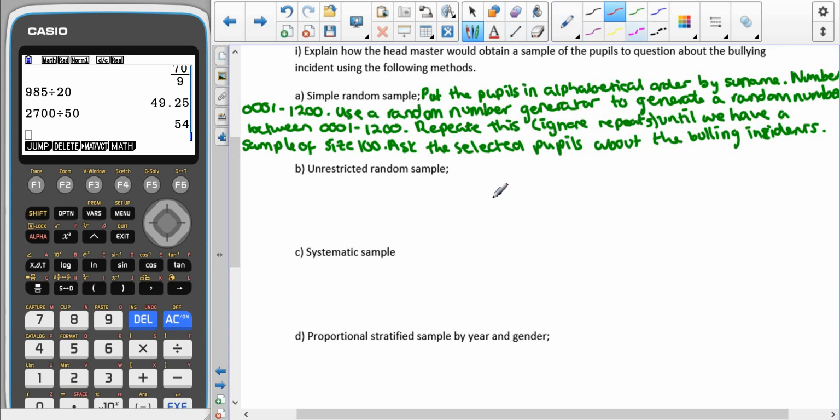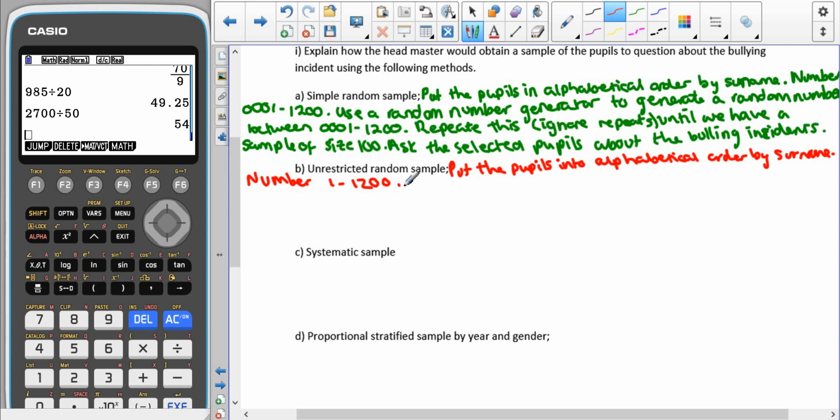So for an unrestricted random sample, very similar. We're still going to put the pupils into alphabetical order by surname. We're still going to number them from 1 to 1,200.